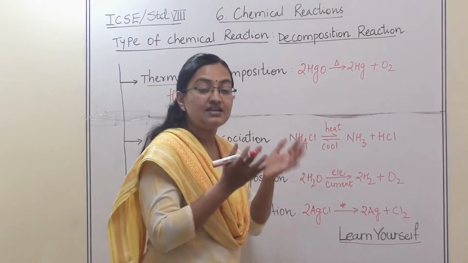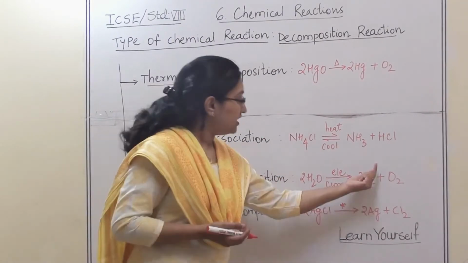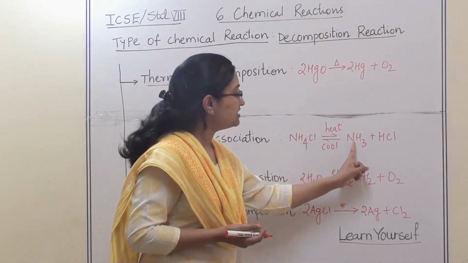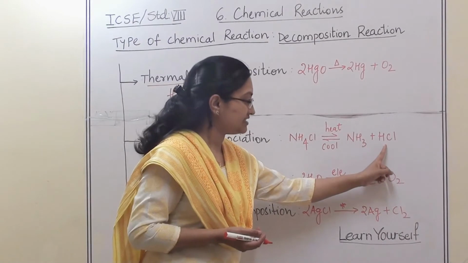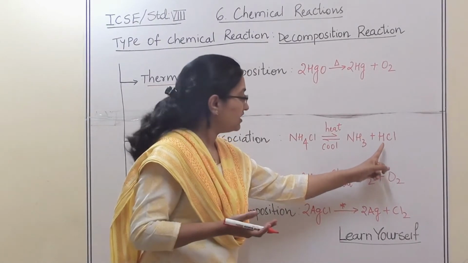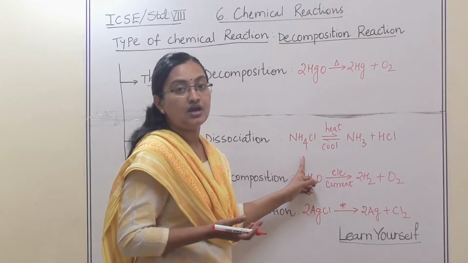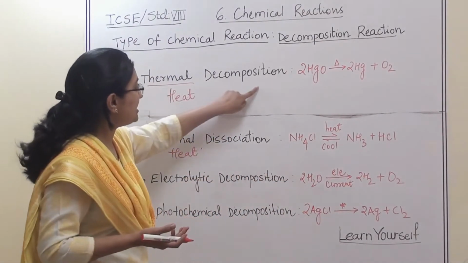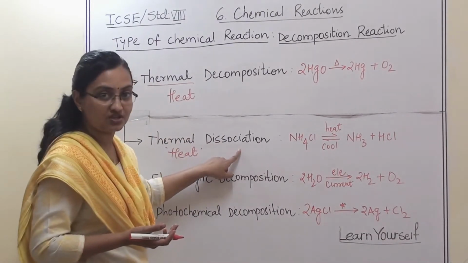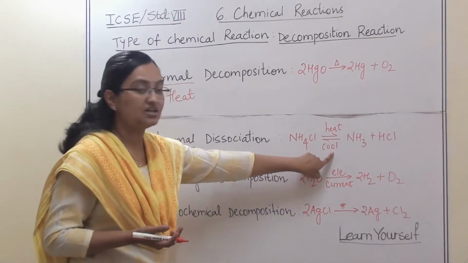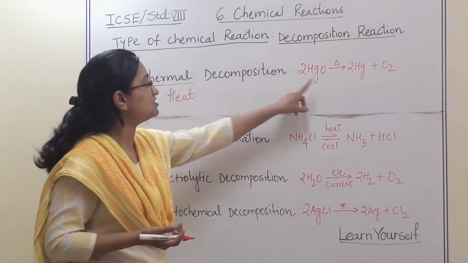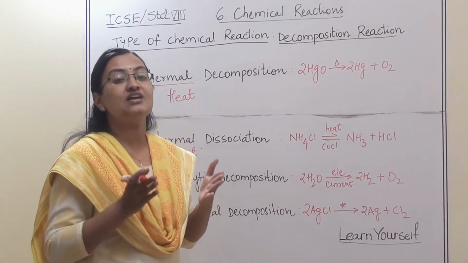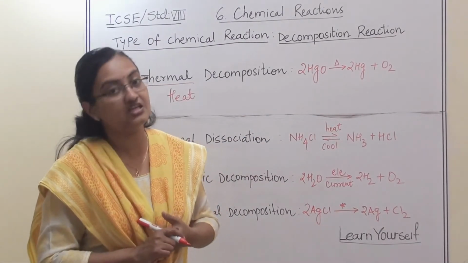Once the reaction mixture cools down, it again converts into ammonium chloride. This is the basic difference between thermal decomposition and thermal dissociation. In dissociation the reaction is reversible, whereas in decomposition the reaction is non-reversible. But both reactions are carried out with the help of heat.